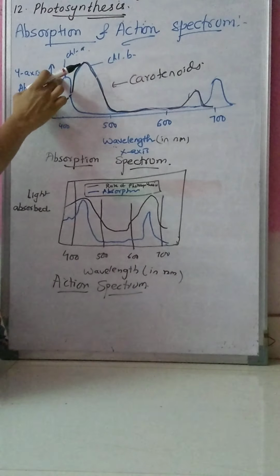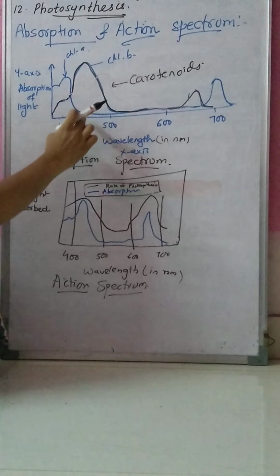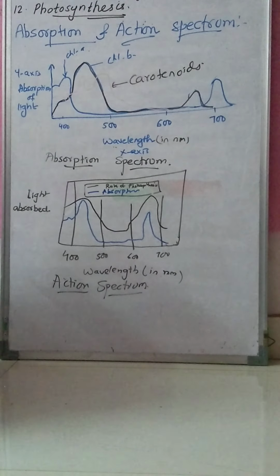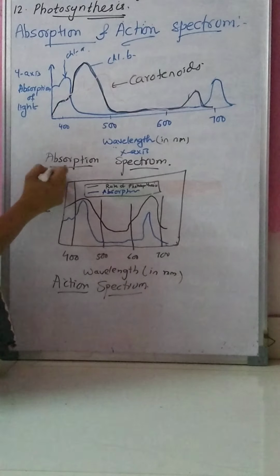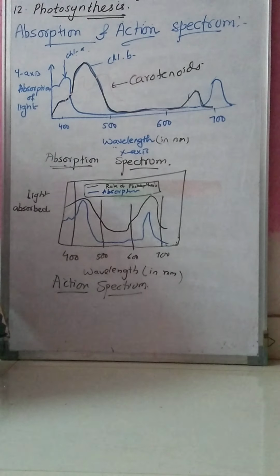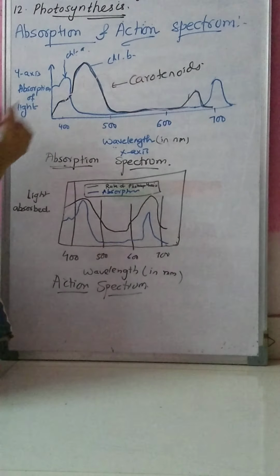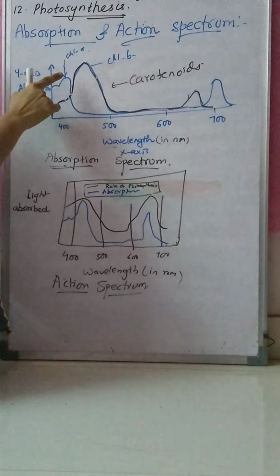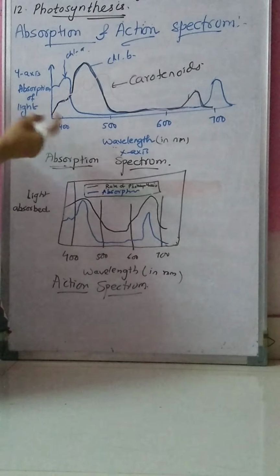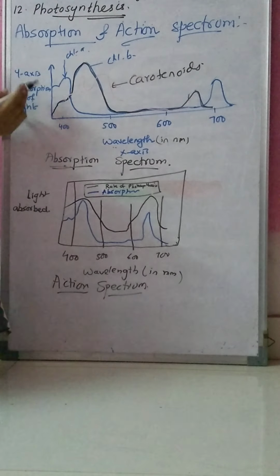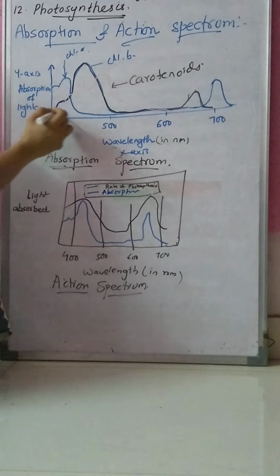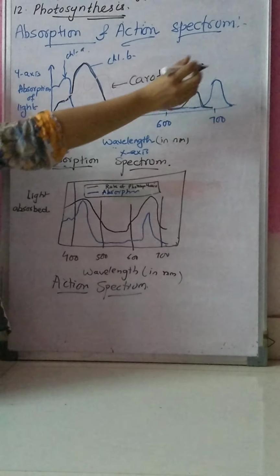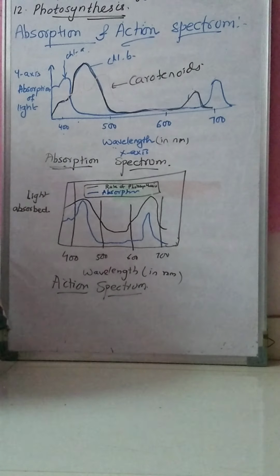This curve is known as the absorption spectrum. It is a curve which shows the amount of light absorbed at each wavelength.